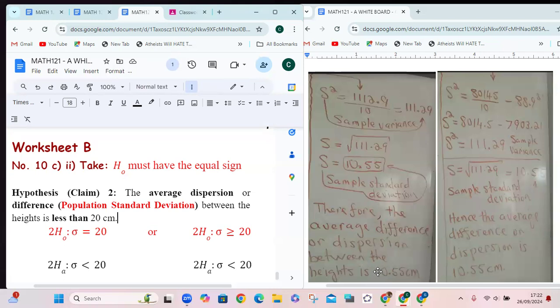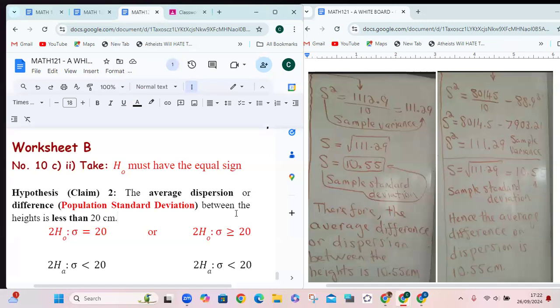The null has to be rejected because its statement is in disagreement with what was calculated from the data. In fact, the standard deviation is not greater than or equal to 20. It was found to be 10.55, which is less than 20. So we reject the null hypothesis for this reason.